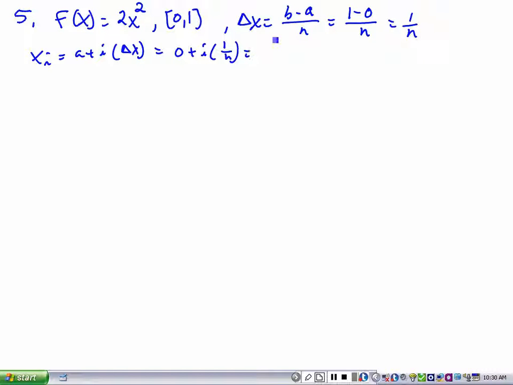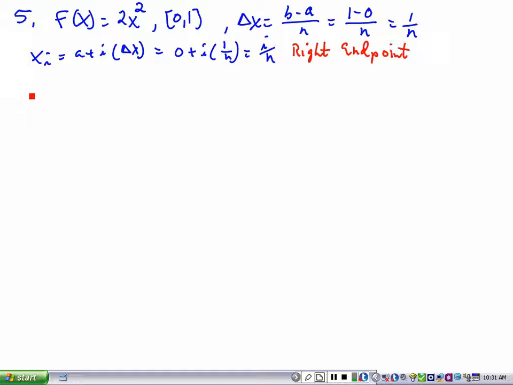So the x values on the x-axis will be determined by i over n. And we just use what was called the right endpoint.